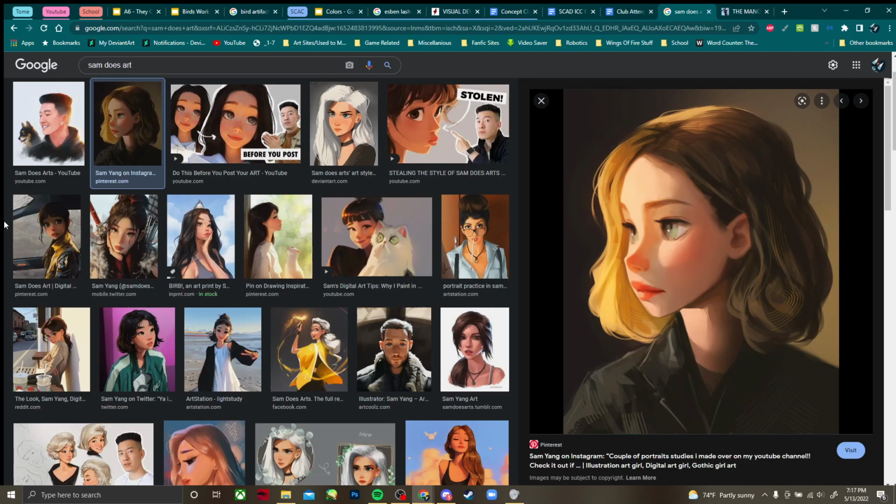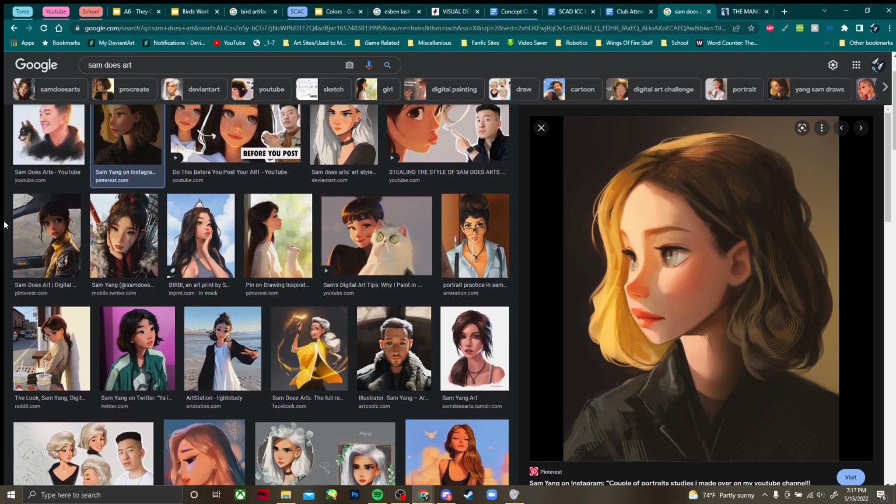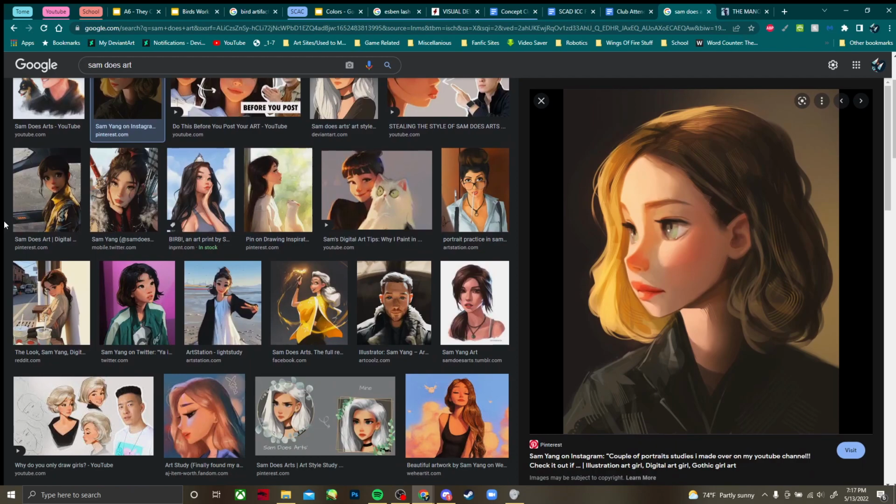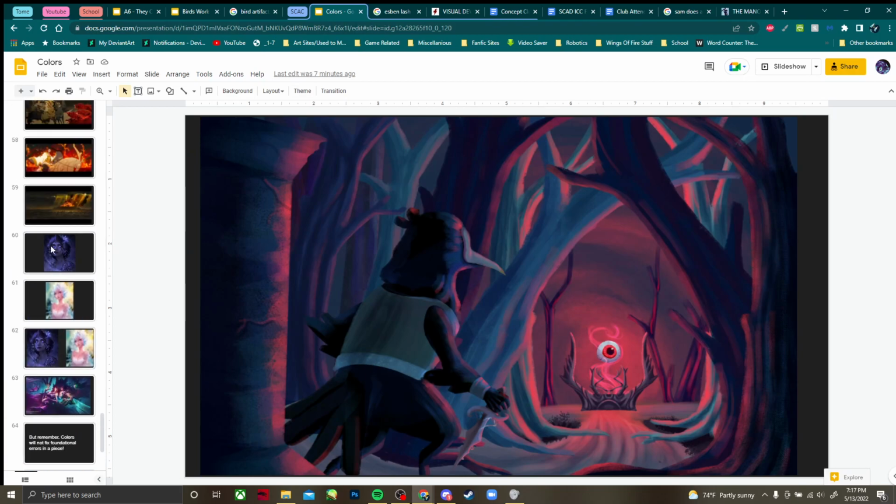You don't think about this, but skin is very transparent, kind of. I would honestly say just do studies. Do studies from Sam Does Art, Ross Draws. If you want less natural skin tones, you could go Emily Yena, who did the creepy ice lady.